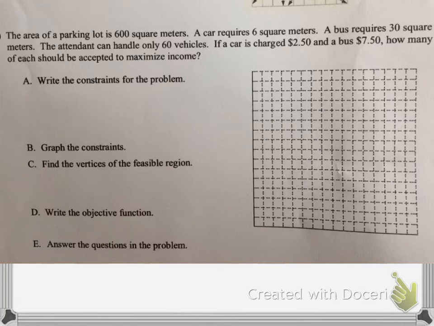Okay, so you have to decide what's your X and what's your Y. Maybe you say X is the number of cars and Y is the number of buses. Your first constraints are the inequalities that you're going to make. No matter what, we have what are called real world constraints, which mean X is always going to be greater than or equal to 0. Y is always going to be greater than or equal to 0.